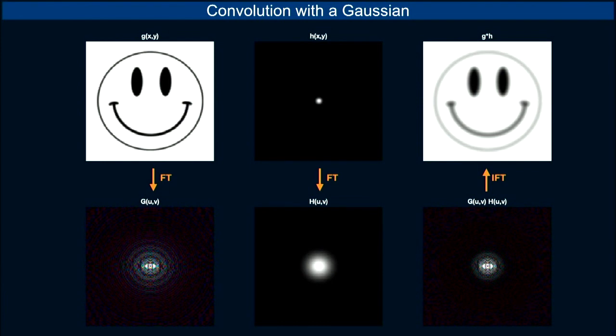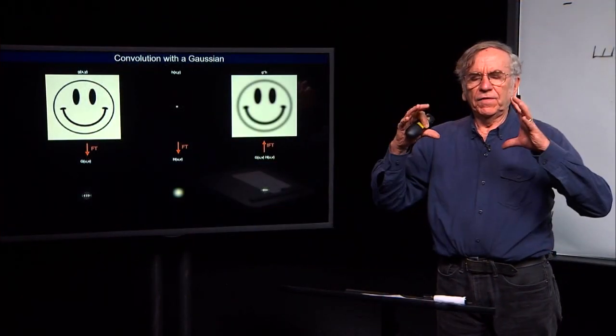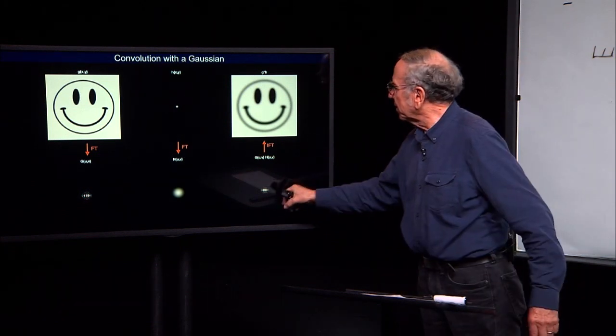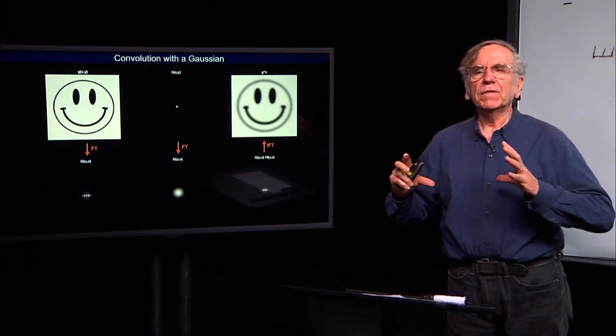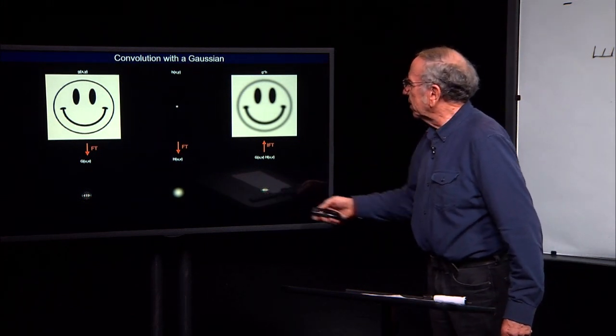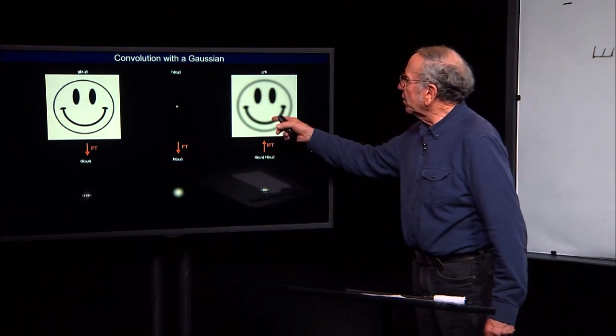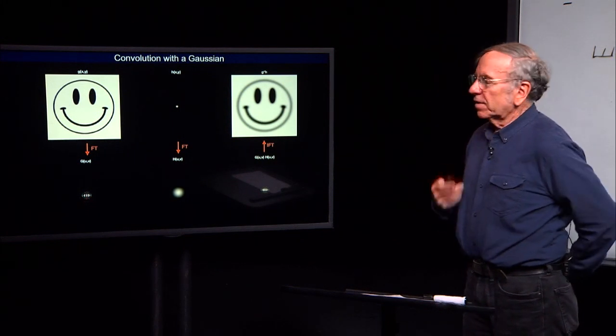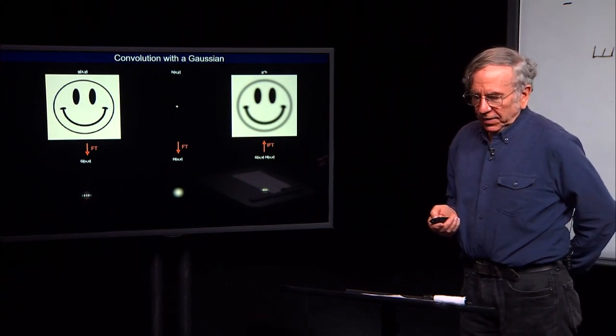I multiply it by the Fourier transform of the kernel. And what I get is a Fourier transform where the outer reaches, the farther out parts of the Fourier transform, that is the high frequency components, have been attenuated to near zero. When I transform back, I get this blurred, this lower resolution result.